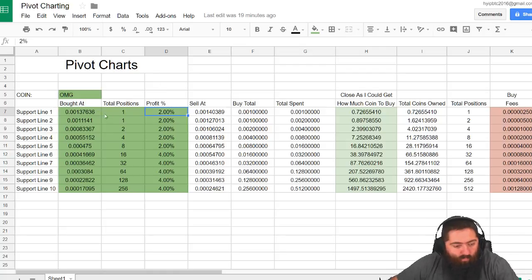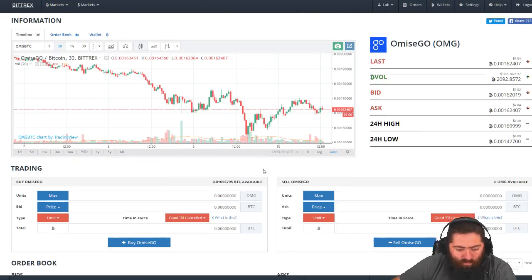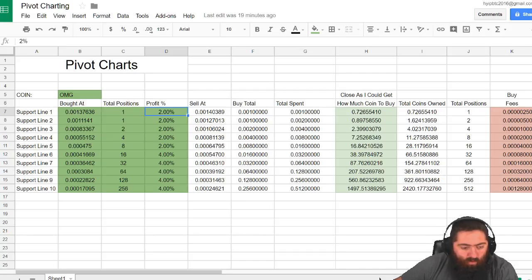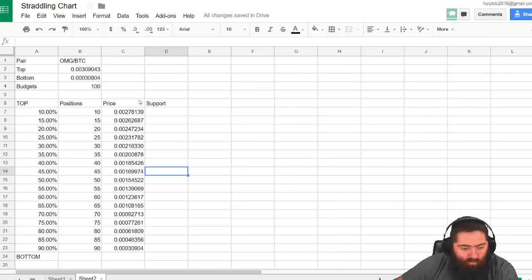So let's buy one position, and I'll show you kind of what I mean. We're going to buy one position, 1376.36. I don't even think that was the right number, but 1376.36.